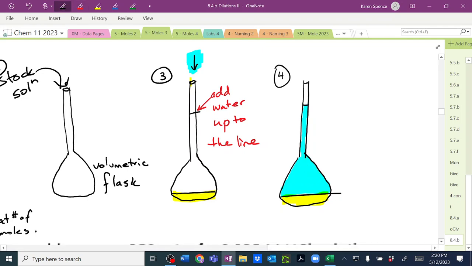Our line. What do we do now in step 4? We shake it, but before we shake it, we have to plug it up, and we're going to use a stopper, which is usually like black rubber.